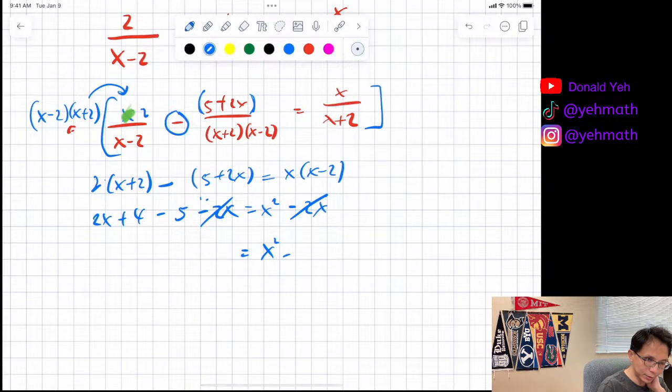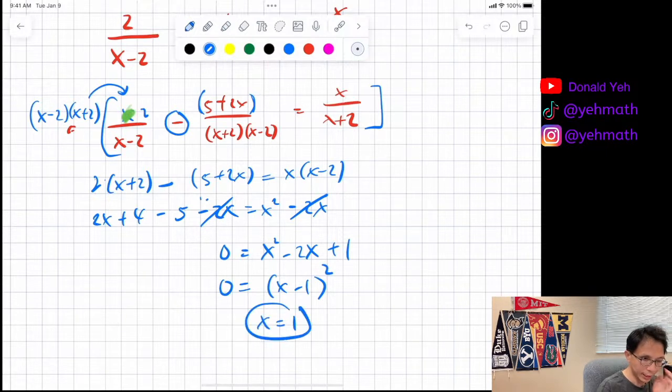And this is minus 2x. And minus 1 plus 1, 0. And that's equal to x minus 1. 0 equals x minus 1, so x equals 1. x equal to 1 does not make the denominator undefined, and that's the only answer here, because it does not make the denominator 0.